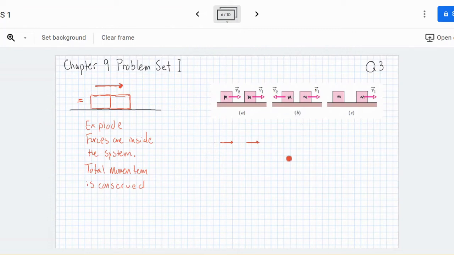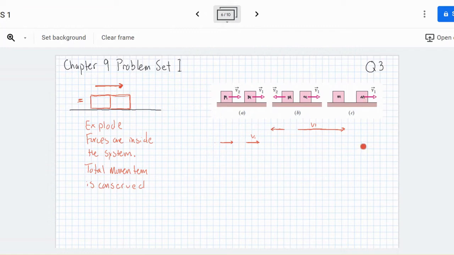This one, on the other hand, if v2 ends up with momentum in this direction, then v1 has to have a ton of momentum in this direction. Because this plus this have to equal this.